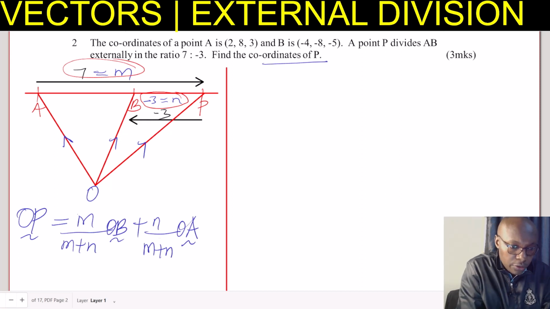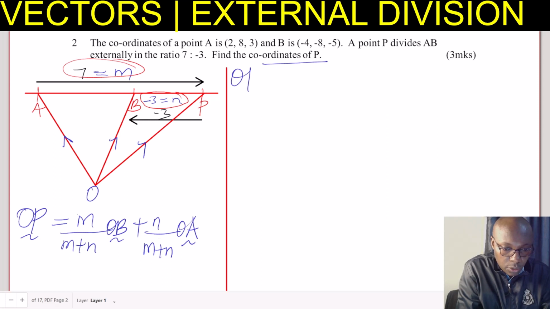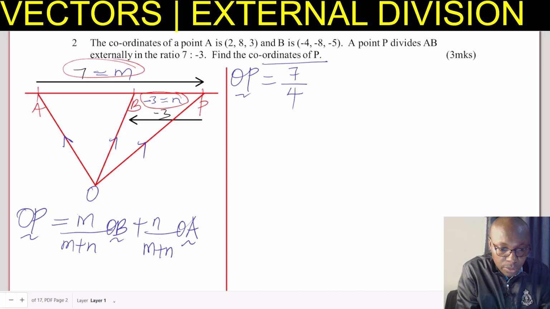Now, what we have to do now is just substituting M. So therefore, OP is equals to M is 7 divided by M plus N. That is 7 plus -3, that will give 4. Then OB, we use the column vectors. So from the coordinates of B, we have -4, -8, -5.